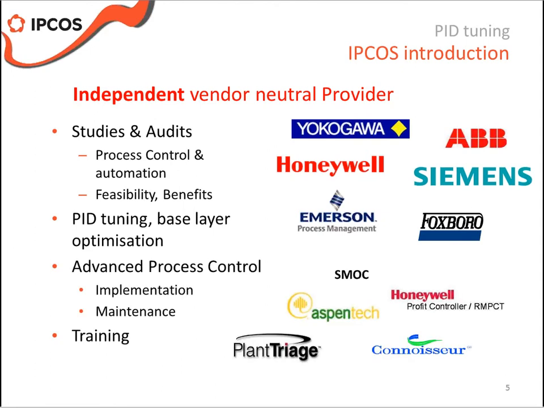We also have quite a lot of experience in advanced process control in terms of implementation of advanced process control projects, maintenance, training. So really quite a wide range of skills and a wide range of experience in terms of the technology as well as the process experience, which spans refineries, chemical plants, fertilizers, and various other processes such as power.